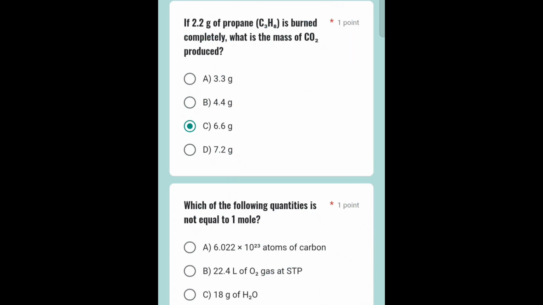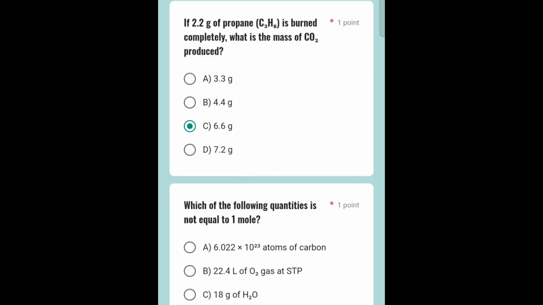It comes out to be 0.15. So we multiply 44 by 0.15, and it comes out to be 6.6 gram. Okay, the answer for this will be C.